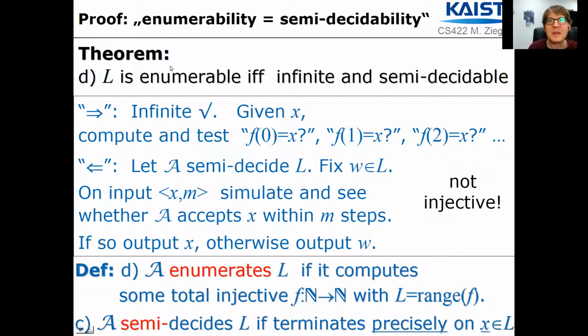I've become less and less formal in our proofs. And the reason for that is I want to prevent you from memoizing our proofs. Instead, the goal of this lecture is that you get to understand the proofs, the constructions.